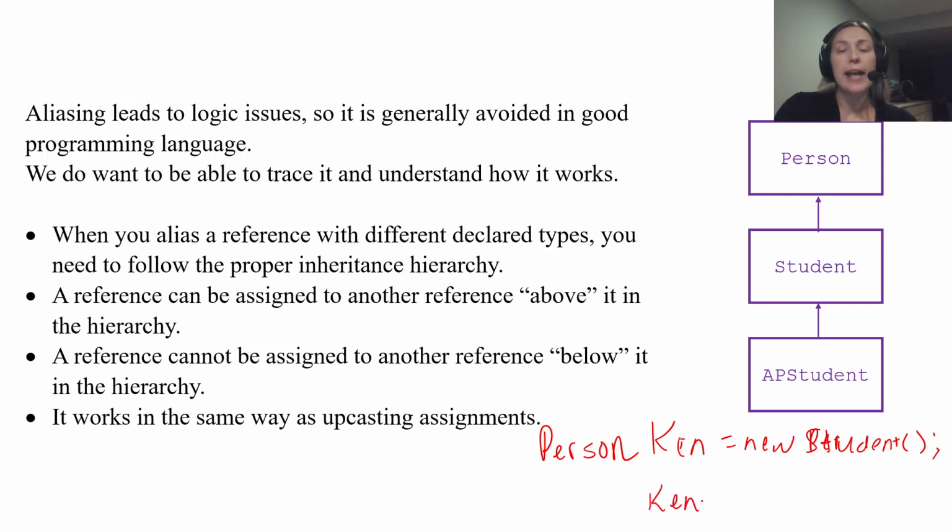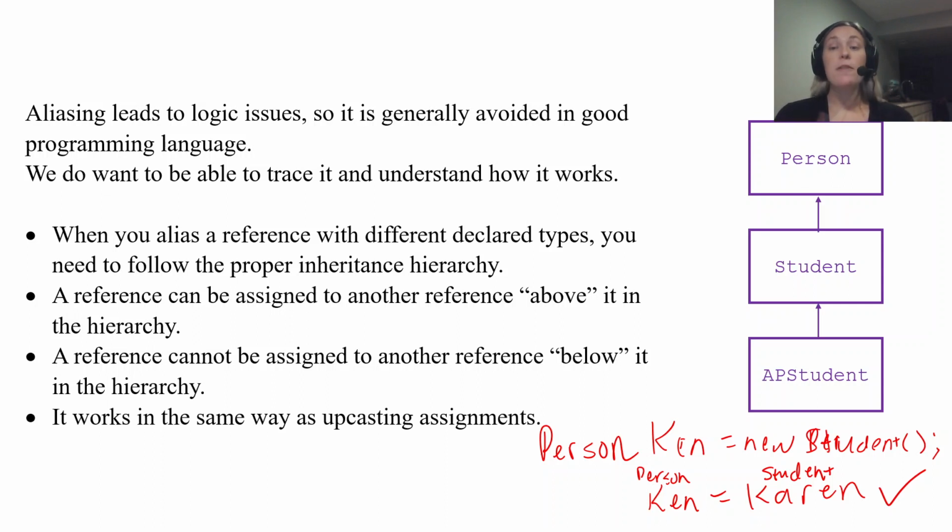If I were to do Ken equals Karen, and Ken was declared as a person and Karen was declared as a student, this would be legal. If it was the opposite way around, student equals person, that would be illegal. So you just have to really know the difference between legal aliasing and illegal aliasing. But legal aliasing works the same way as upcasting.